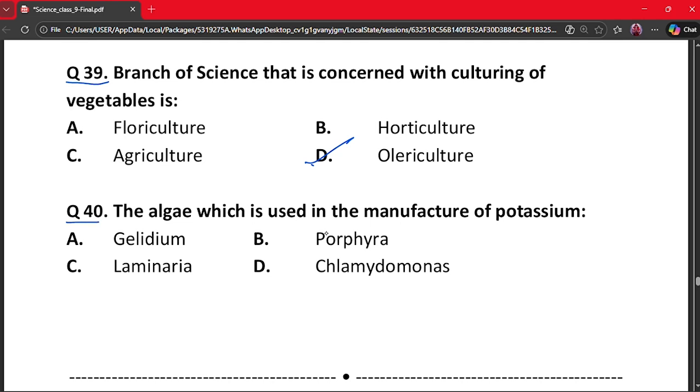The algae which is used in the manufacture of potassium, A. Gelidium, B. Porphyra, C. Laminaria and D. Chlamydomonas. So our correct answer is Porphyra, because Porphyra is an alga used industrially for extraction of potassium salts. So our correct answer is option B.